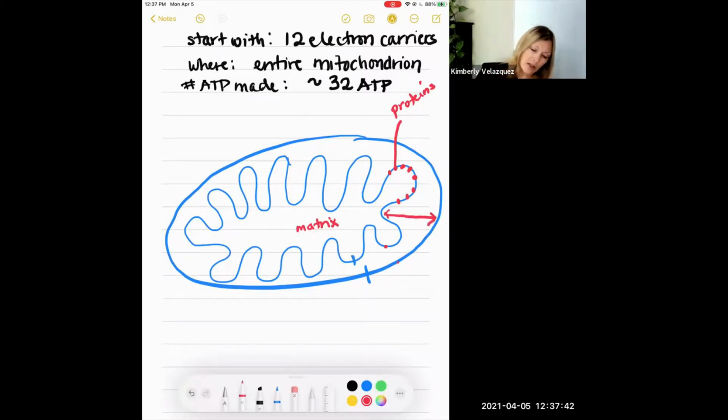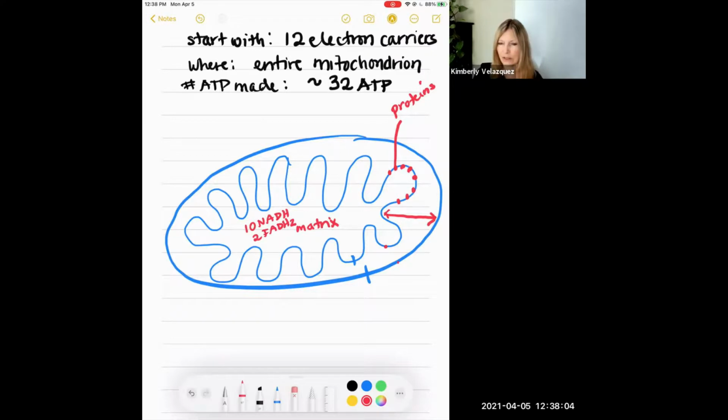So we have all 12 of those electron carriers here. We have the 10 NADH and the 2 FADH2s that were generated in those first 3 stages when those electron carriers were reduced. They were reduced when they picked up the hydrogens.